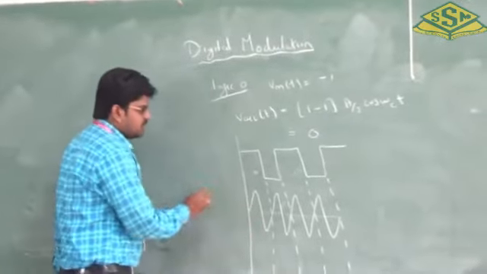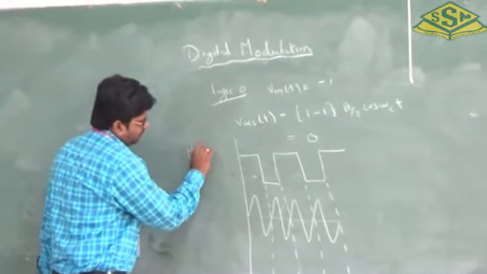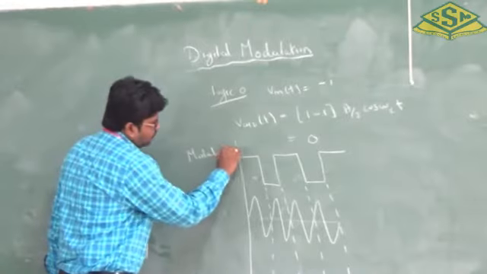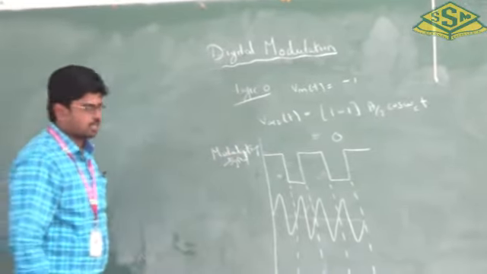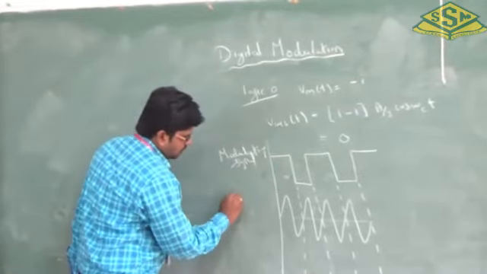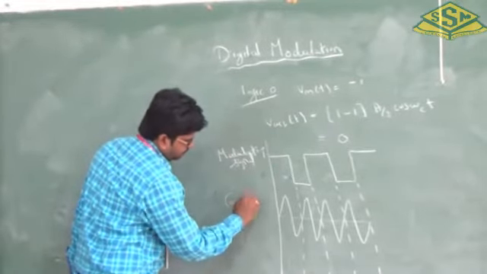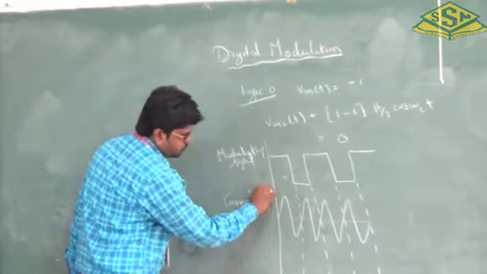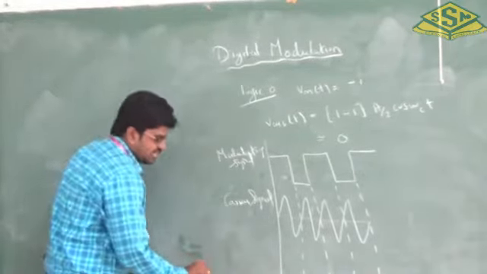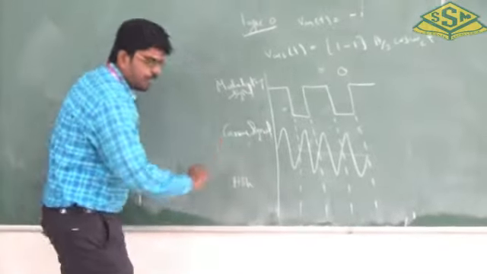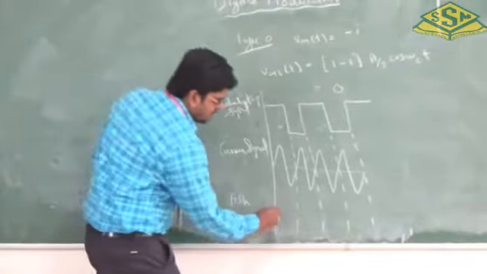See here, this is the modulating signal, or input signal, or digital signal. Then this is the carrier signal. After that, we are going to get the modulated signal, that is the ASK signal.